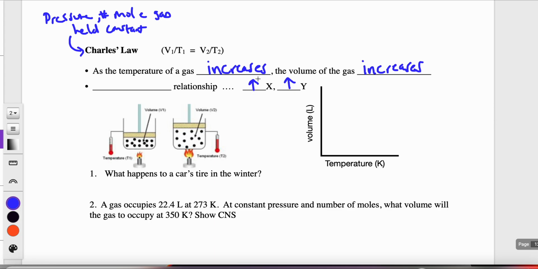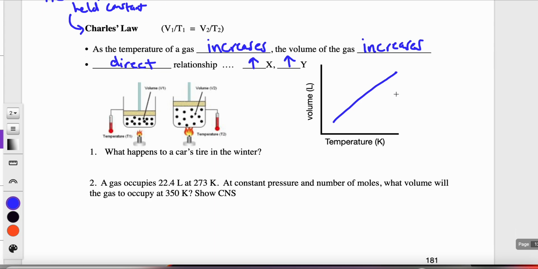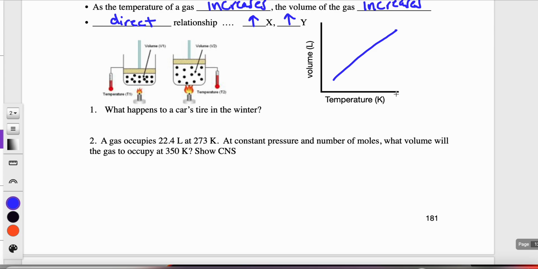So in this case, because they increase or decrease together, we refer to this as a direct relationship. And so when you plot the data, or if you have to sketch it, then we would see an ascending linear line.